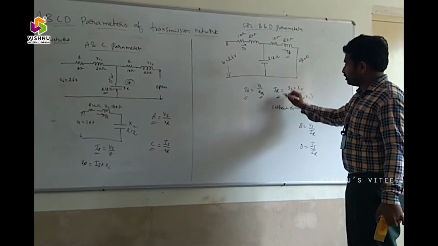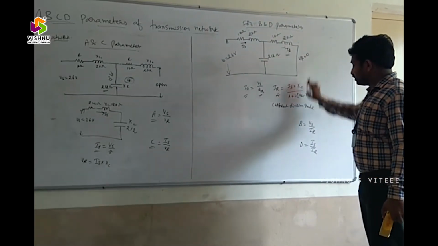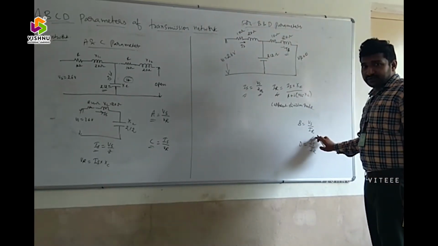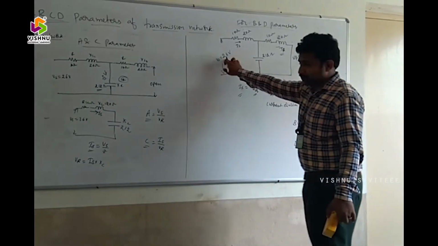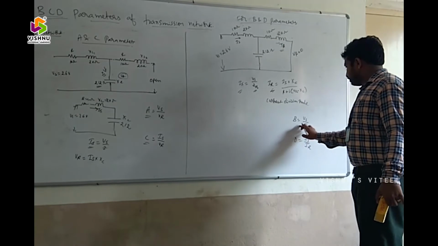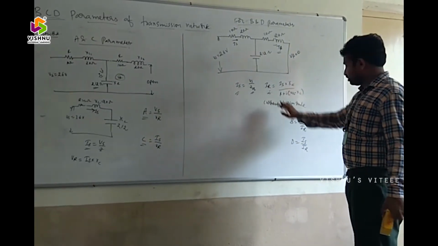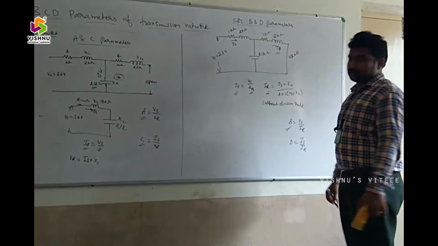This is nothing but IR. For getting the B parameter, B is nothing but VS by IR. We know VS, the sending end voltage, and IR can be found by using this formula. So we will get the B parameter.